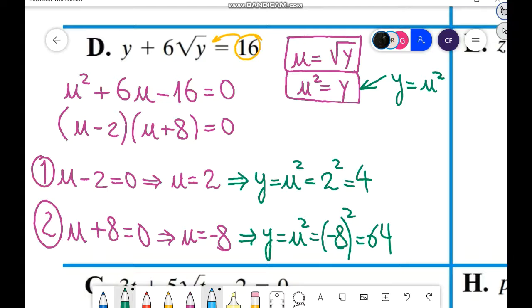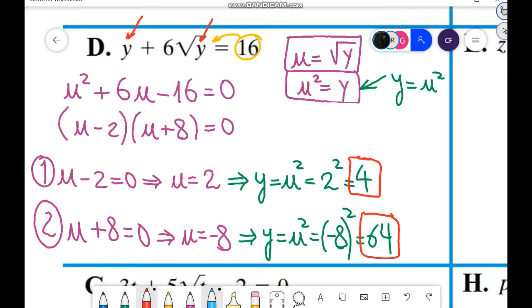When you're using these methods, you have to plug the solutions you found into the original equation, because these are solutions for the substituted equation, the equation in u, but you have to plug into the original one in y.